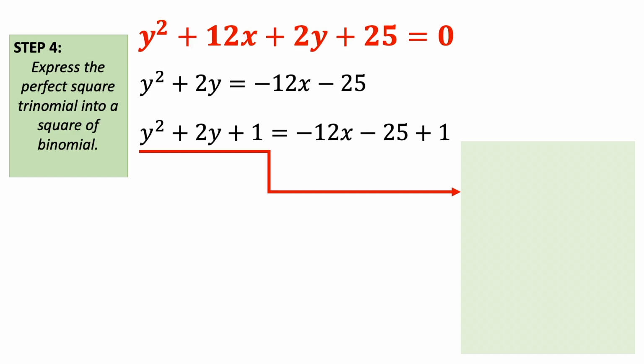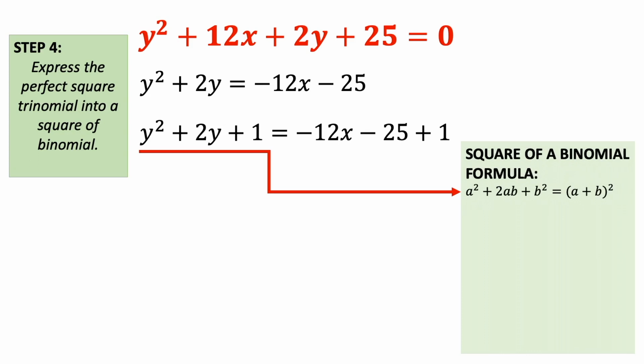We will use the square of a binomial formula that states that if a perfect square trinomial is of the form a squared plus 2ab plus b squared, then it can also be written as quantity a plus b squared. Since y squared plus 2y plus 1 is of that form, we will use such formula.